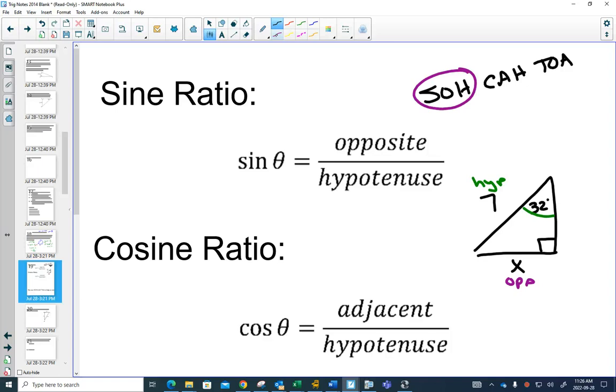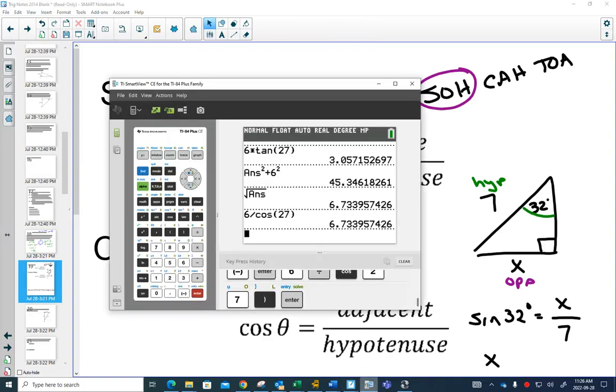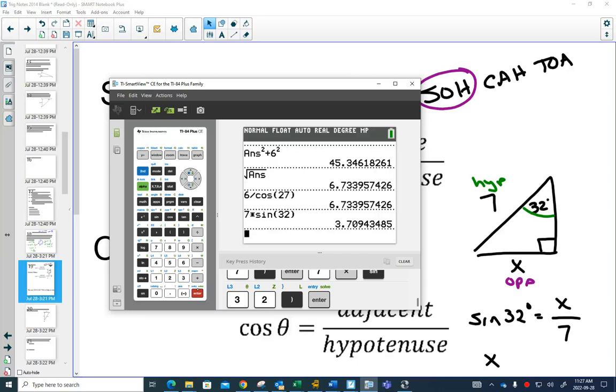Cosine and tangent would take you 2 steps to figure it out. So I would write out that sine of 32 degrees is equal to opposite over hypotenuse. Multiply both sides by 7. Type it into my calculator. 7 times sine of 32. Enter: 3.71.